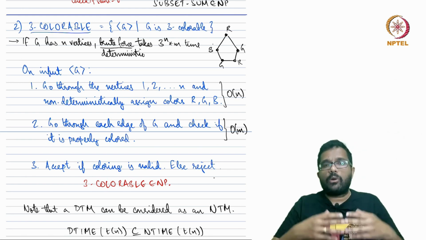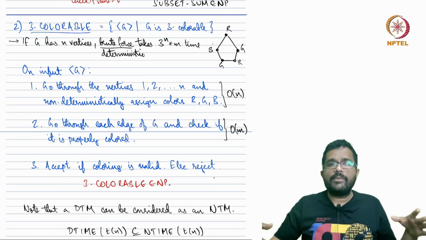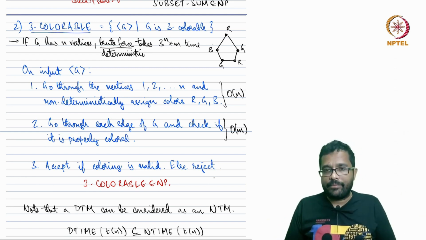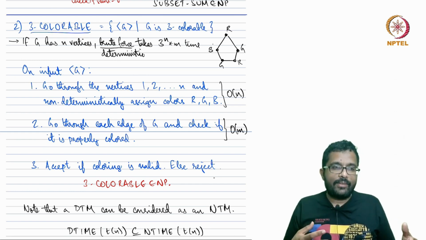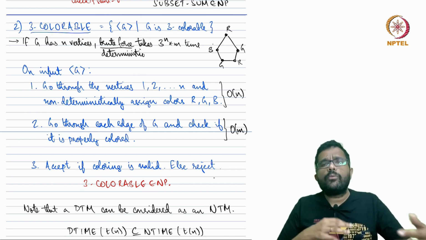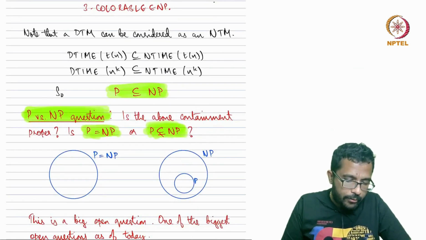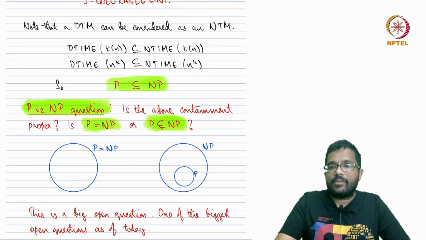The non-deterministic Turing machine is able to magically guess the correct coloring, and it just has to verify. The deterministic Turing machine has to go through and identify the three coloring as well. So P versus NP can be thought of as actually computing something versus verifying something.